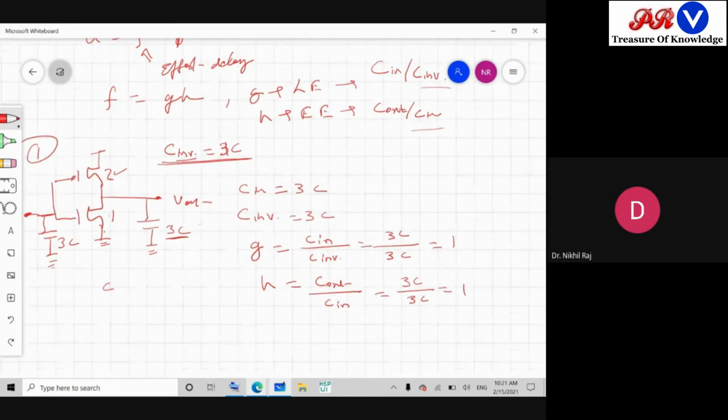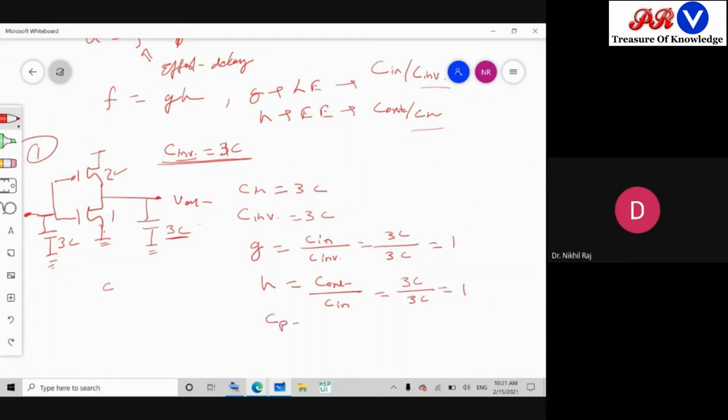And the parasitic capacitance will also be 3C. So from here if we compute the delay, delay is given by P plus GH. This GH is nothing but F. So what is P here? The parasitic delay for an inverter is always 1, or it is equal to the number of inputs.